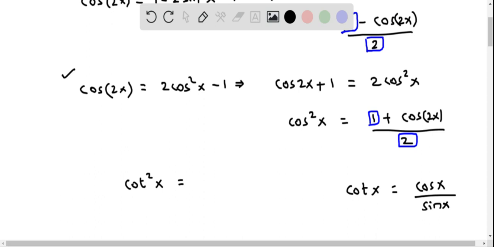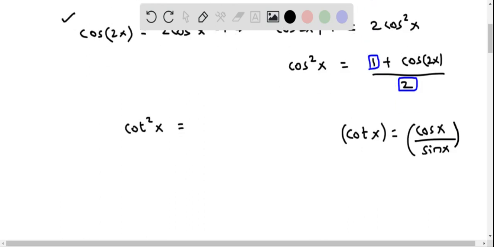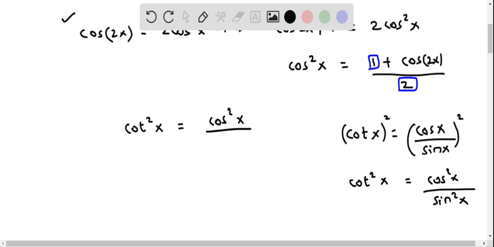Squaring both sides, cotangent squared x equals cosine squared x divided by sine squared x.